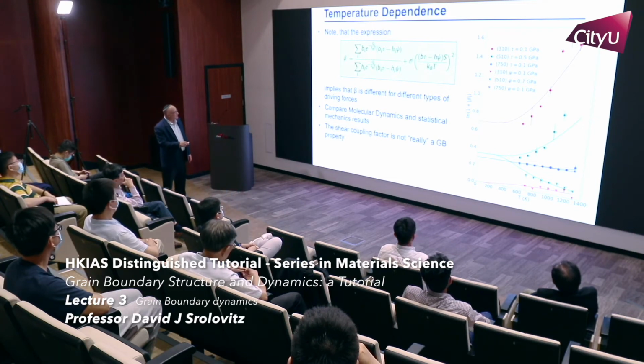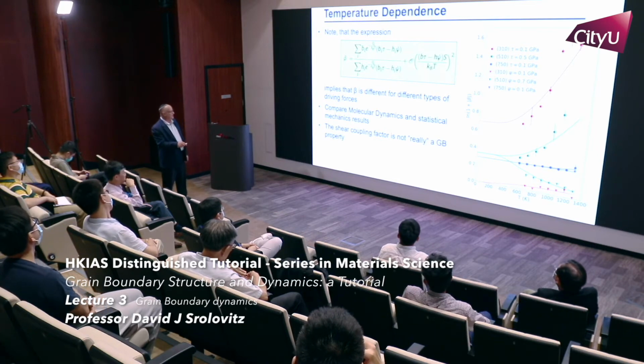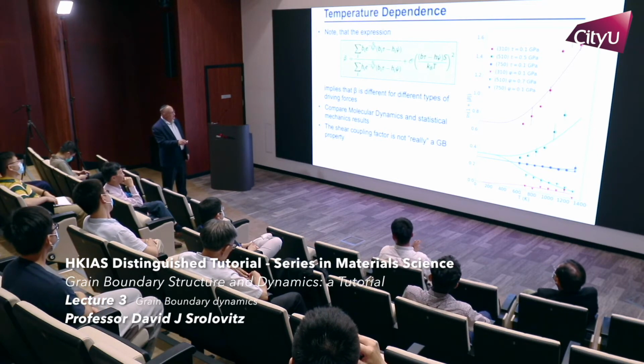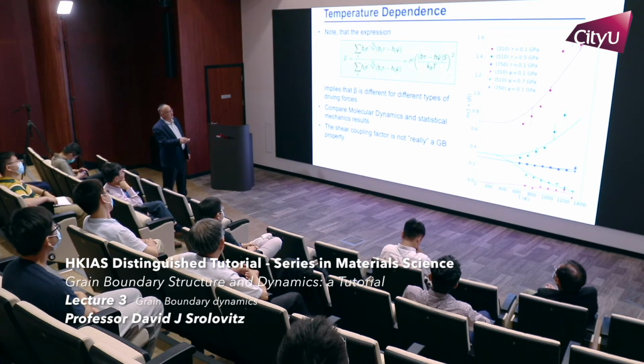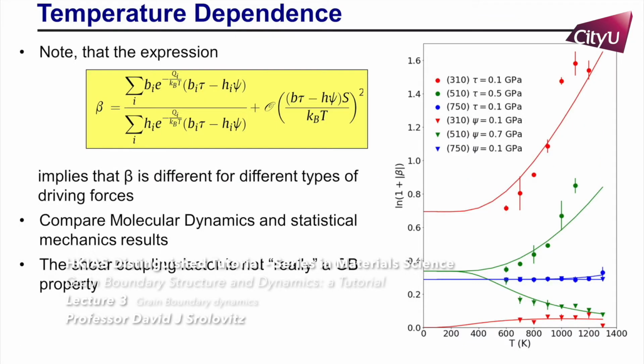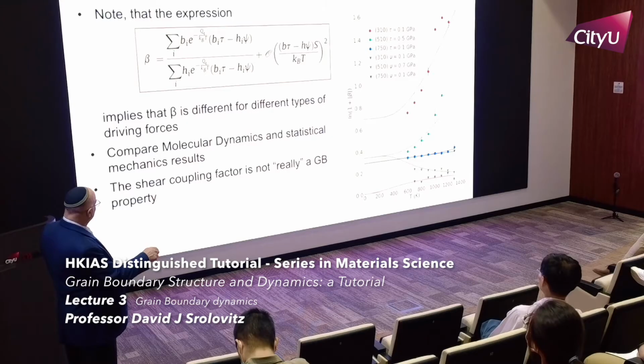Okay, so if I look at this expression that I have here, you notice that the coefficient of the stress depends on which Burgers vector it is. The coefficient of the step height, of the chemical potential jump, depends on what the step height is.